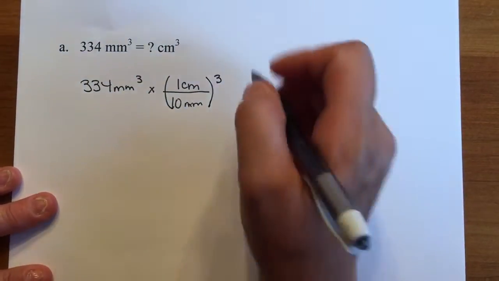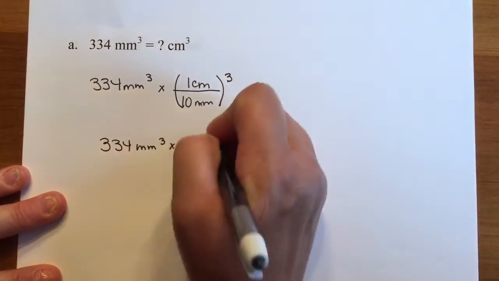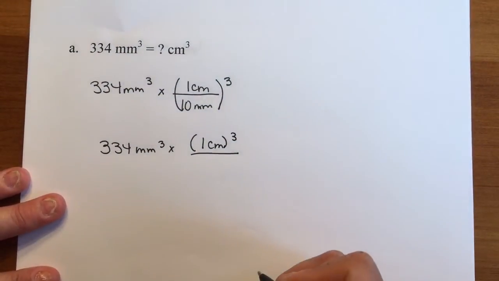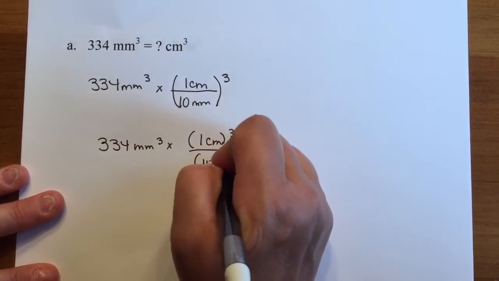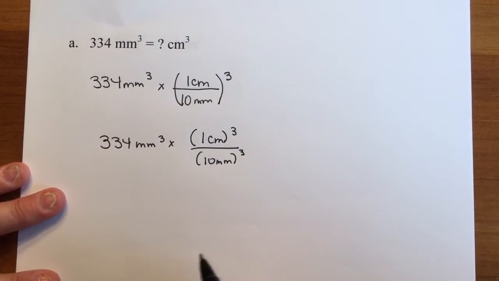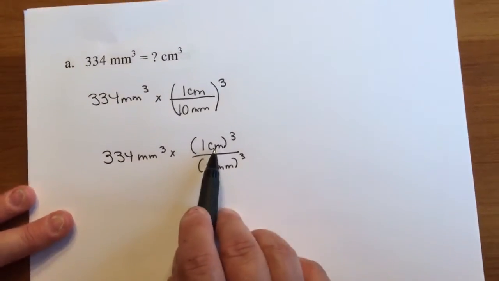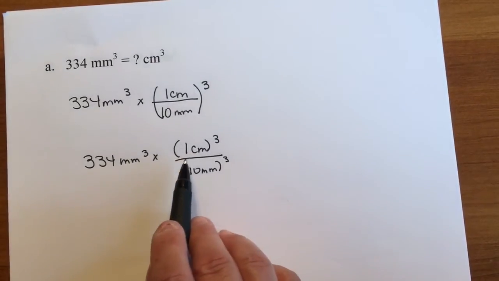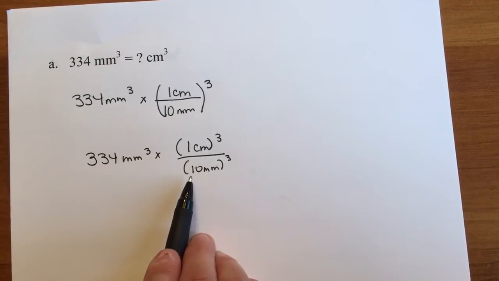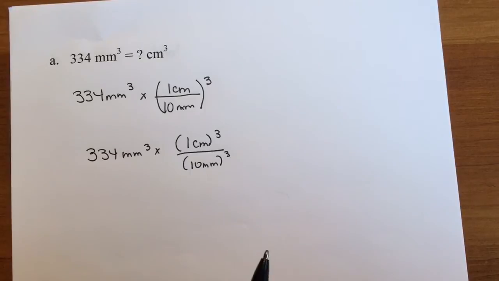So in actuality, that's the same as 334 millimeters cubed times the top part, 1 centimeter, that whole term cubed, and 10 millimeters, that term cubed. So we get 334 millimeters cubed times 1 centimeter cubed, and 1 times 1 times 1 is 1. Then we divide that all by 10 times 10 times 10, or 1,000 millimeters cubed.